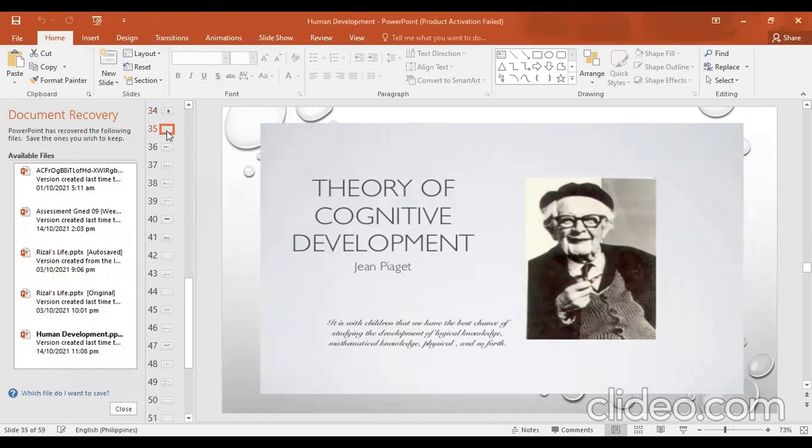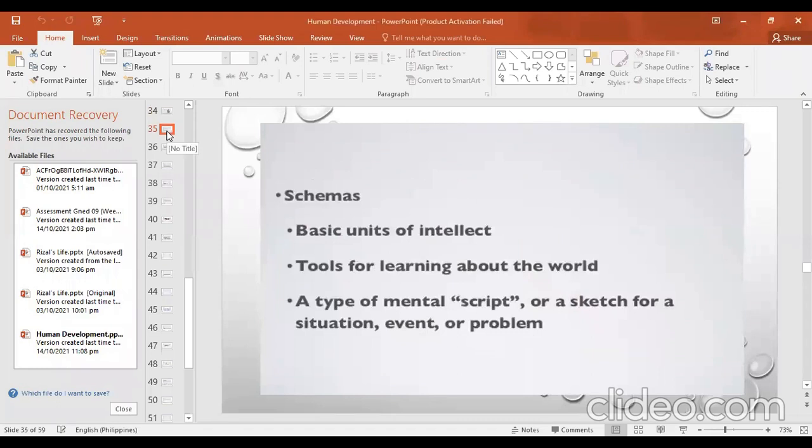But first, ayan. So here are some important ideas when it comes to cognitive development theory, according to John Piaget. First, we have what we call as schema. Ayan.